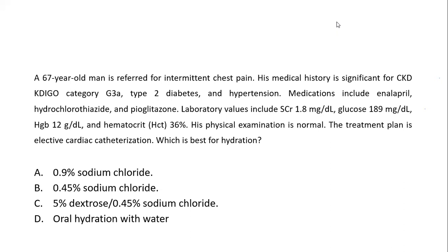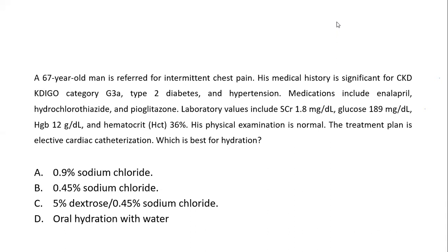5% dextrose and 0.45% sodium chloride are hypotonic. The thing with hypoosmolar solutions is that they have a higher water concentration as compared to the solute concentration. Because of the osmolar shift, when you hydrate with a hypoosmolar solution, the fluid ends up going inside the cells more as compared to the interstitium and the vessels.